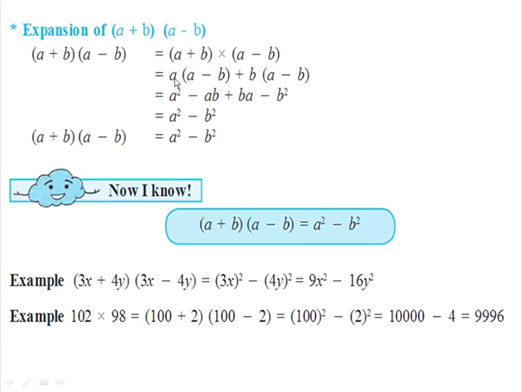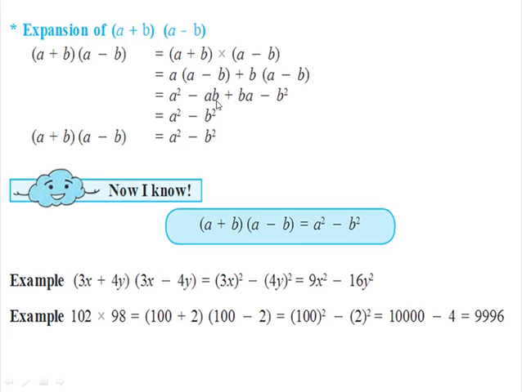Now here we got the form of a monomial with binomial product. We will multiply this monomial with both the terms of the binomial. First we multiply a with a, we get a square, then minus a into b is ab, then plus b into a is ba, plus minus is minus, b into b is b square. Now if you look at these two middle terms, these have opposite signs.